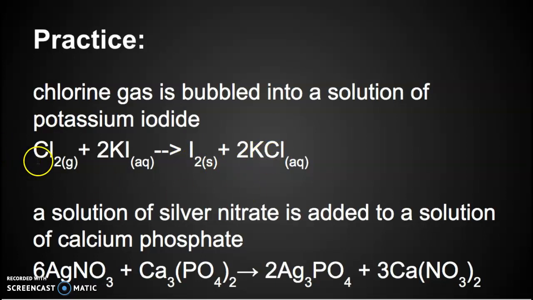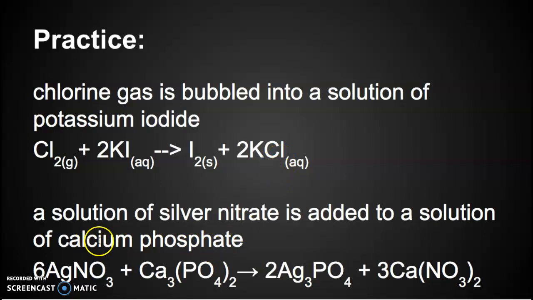Well, if you start with 2 chlorines, you need to end with 2 chlorines. If you end with 2 iodines, you need to start with 2 iodines. And that all falls together because that means you need to start and end with 2 potassiums. So we get Cl2 plus 2 KI makes I2 plus 2 KCl, single replacement.